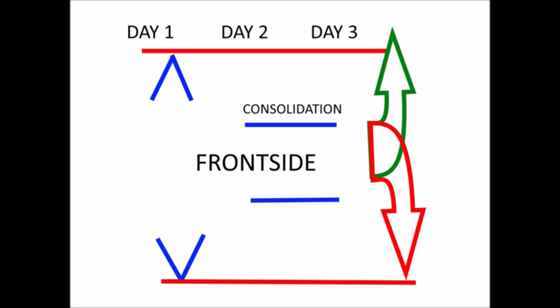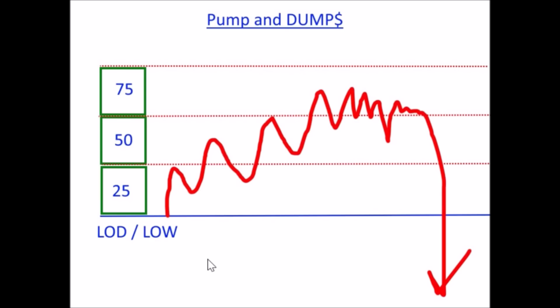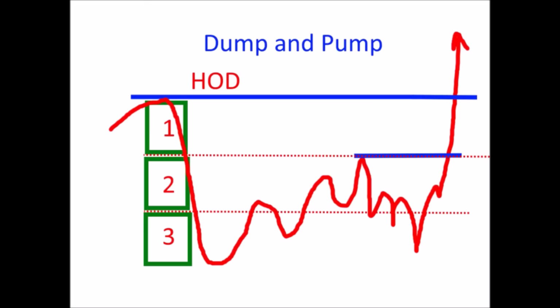Now, you have to understand exactly what you're looking for in relationship to how price is setting up. There are only 2 templates when it comes down to the actual template on the day itself. We can have a pump and dump template. We can break a new day high. We can coil around closing price, but it will be a pump and dump template or a dump and pump template.